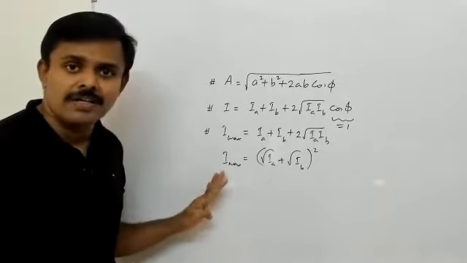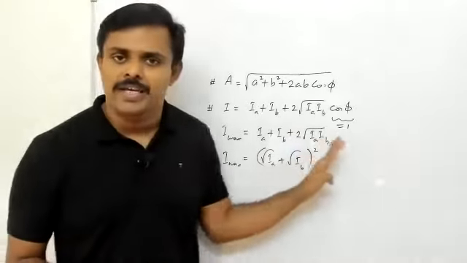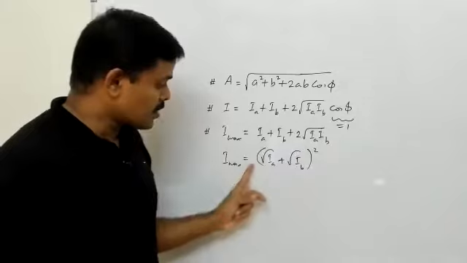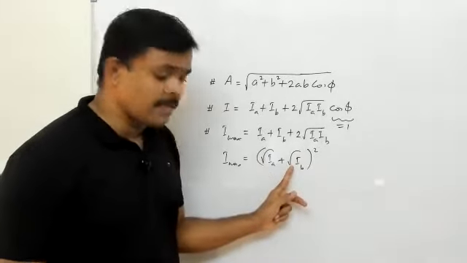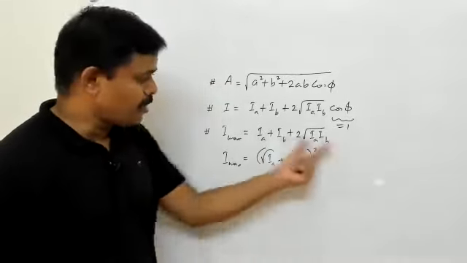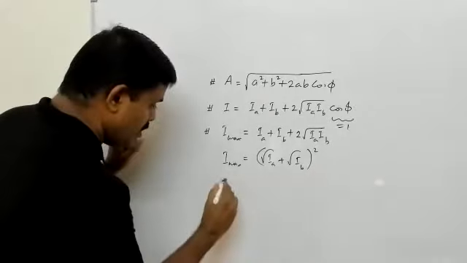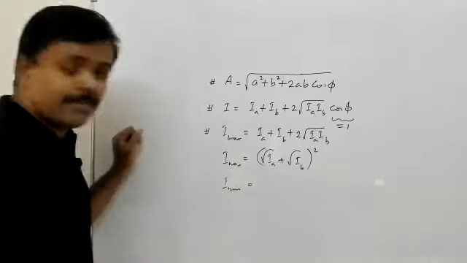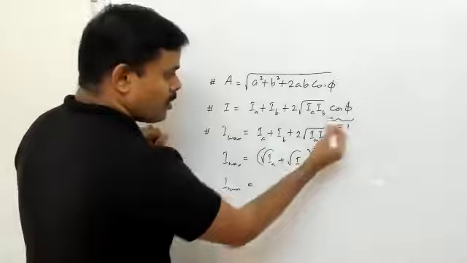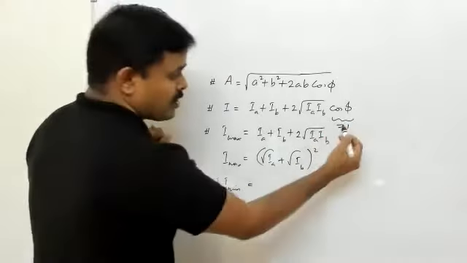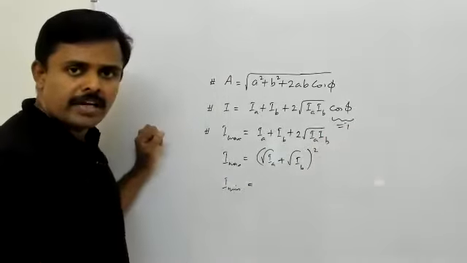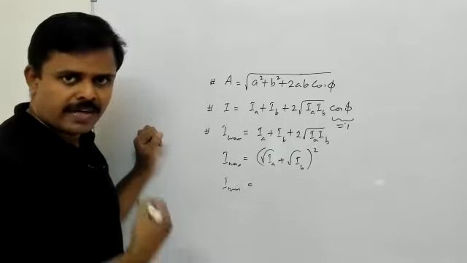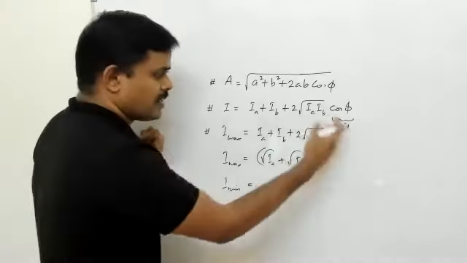So I max is IA plus IB plus 2 root IA IB. If I take it as square root of IA plus square root of IB the whole square, I'll get the same equation back. Similarly, what is I min? For minimum, cos phi should be minus 1. The minimum value of cos is minus 1. Cos 180 is minus 1.